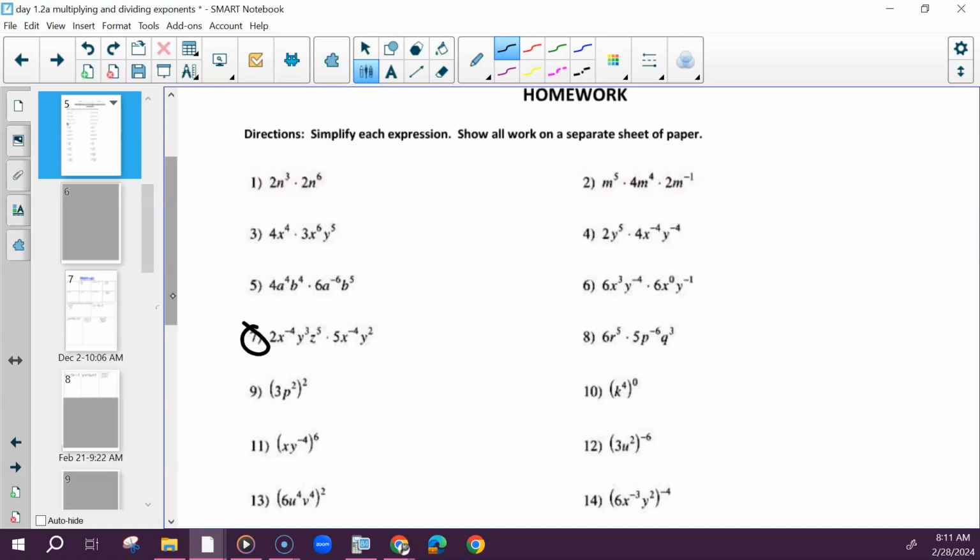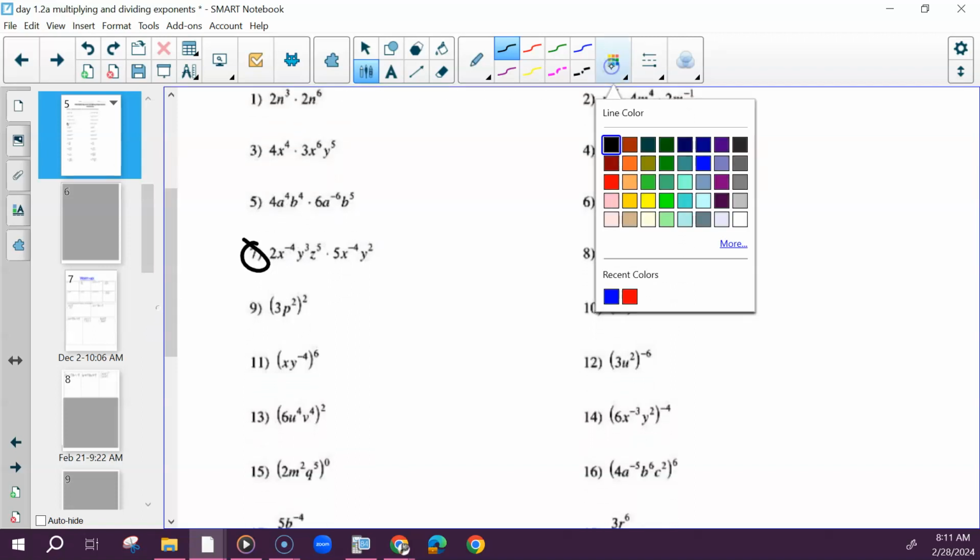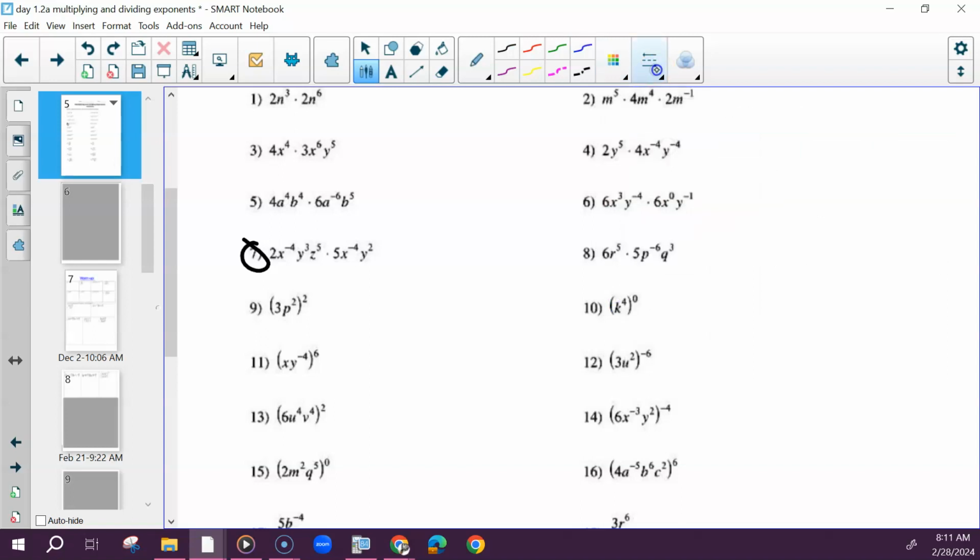Alright, so for number 7, just in case you can't read that, it says 2x to the negative 4th, y to the 3rd, z to the 5th, times 5x to the negative 4th, y to the 2nd. So everything is being multiplied. So you would add your like bases and actually multiply your numbers. So 2 and 5 equals 10. If you're adding your like bases, we have negative 4 and negative 4.